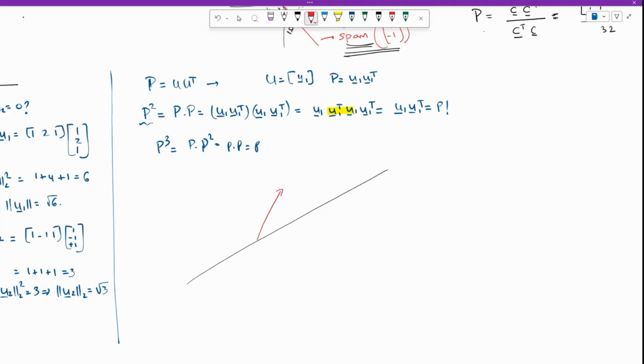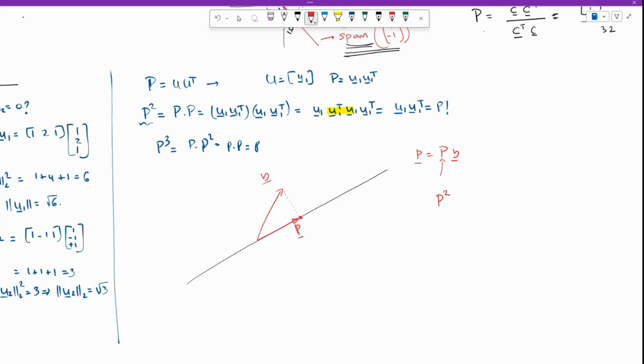You have some vector B. The orthogonal projection, the geometric operation, is you drop a perpendicular, and wherever this meets the subspace, that is the vector P, and this vector P is obtained by multiplying B by the orthogonal projection matrix. So this operation of dropping a perpendicular and finding where it intersects is essentially what is represented by the matrix P.